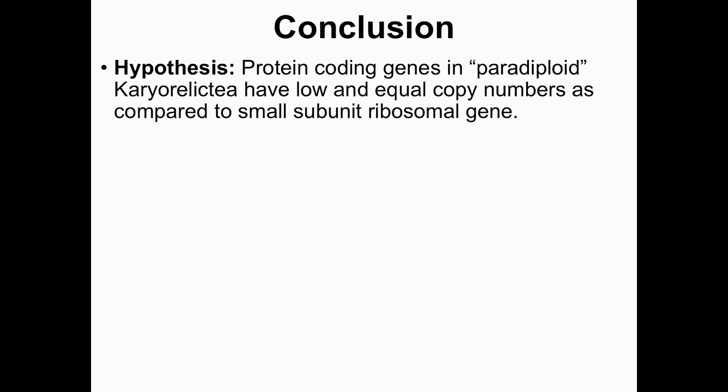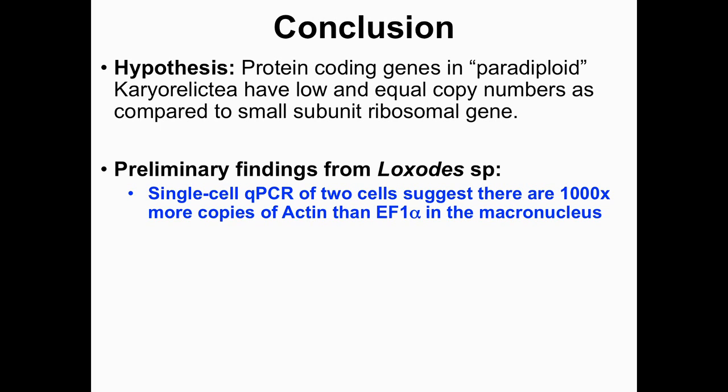So my hypothesis, I want to test, is protein coding genes in para-diploid Karyorelictea have low and equal copy numbers as compared to small subunit ribosomal gene. However, our preliminary results from Loxodes single-cell qPCR of 2 cells suggest that there are thousands more copies of actin than ELF1 alpha in the macronucleus.